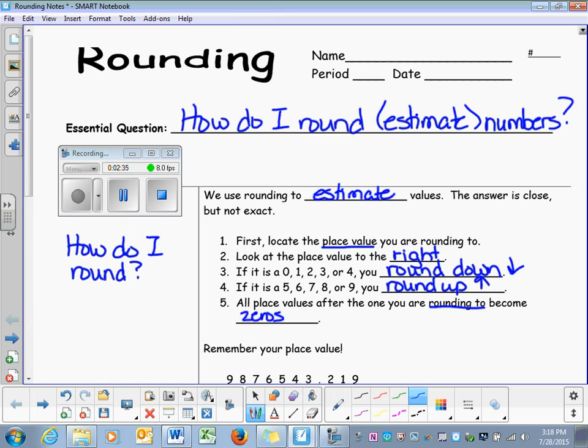Now, if you have a child in elementary school, they might be taught a little saying: 5 or more, raise the score; 4 or less, let it rest. So 5 or more, 5 through 9, raise, round up the score. 4 or less, let it rest, round down.